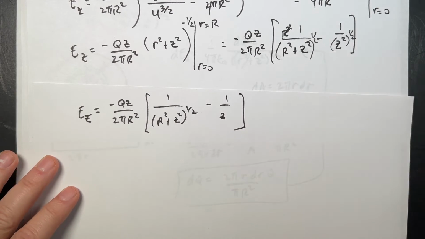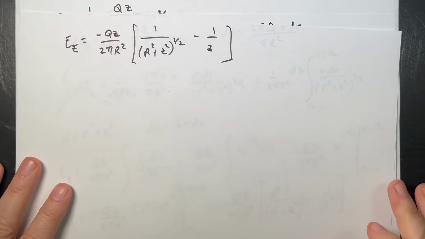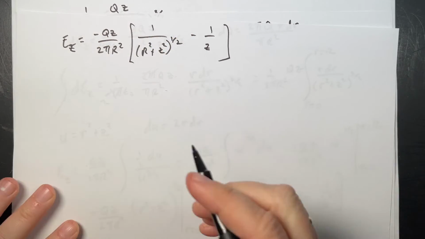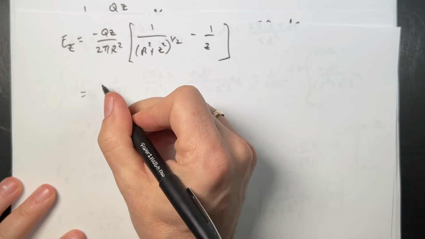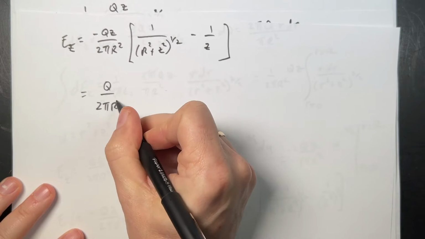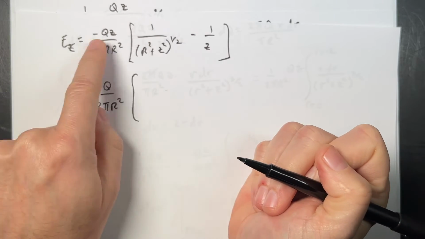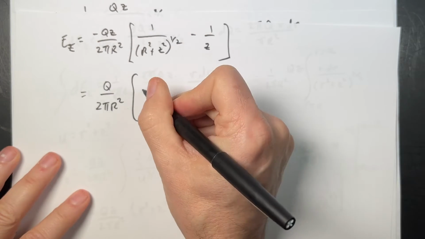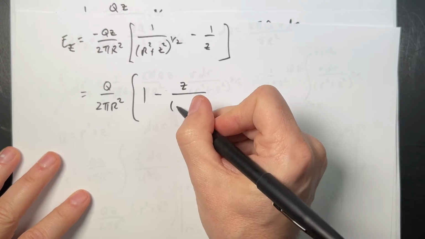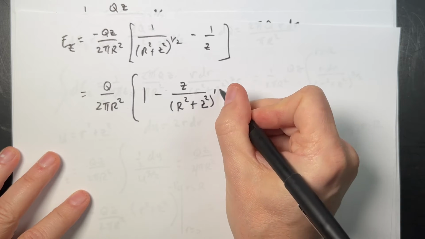Because I just have z squared. Okay, I'm going to bring negative z into the parentheses. So I get q over 2 pi r squared. Now this negative becomes positive, and I have z over z, which is just 1, minus z over the square root of r squared plus z squared.